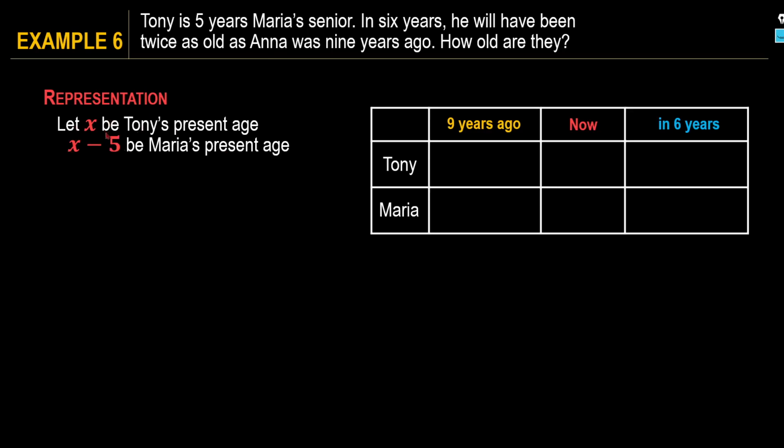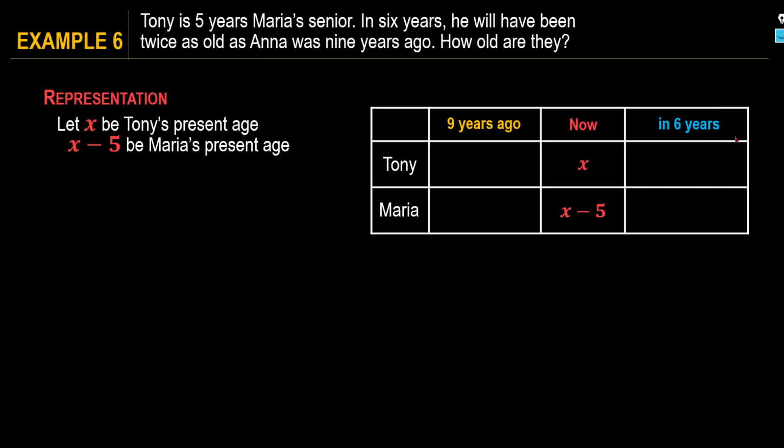Let's use these expressions to fill out our table. Saan, sir, lalagay? Present nga, under the now column. So, dito yung X minus 5. And again, how do we fill out our table? Do we look back at the problem for clues? No. Everything you need is right there in the table already.